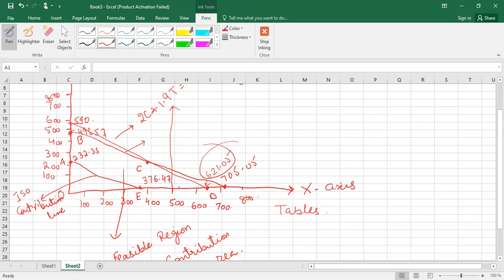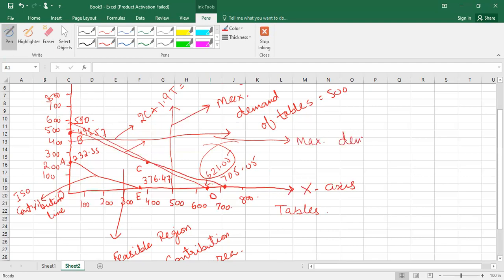What is the meaning of this straight line at 500 of tables? It shows maximum demand of tables is 500. This is straight line. Suppose I draw a straight line over here at the 400 level of chairs. So what is the meaning of this line? Maximum demand of chairs is 400.